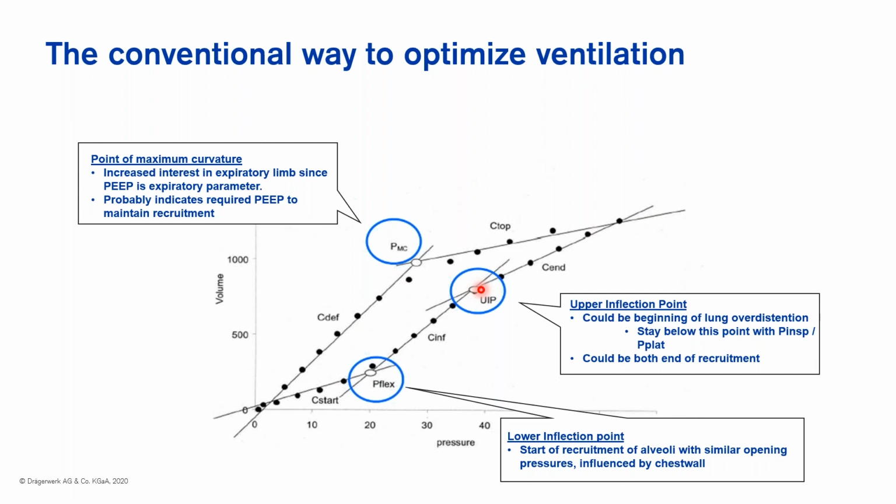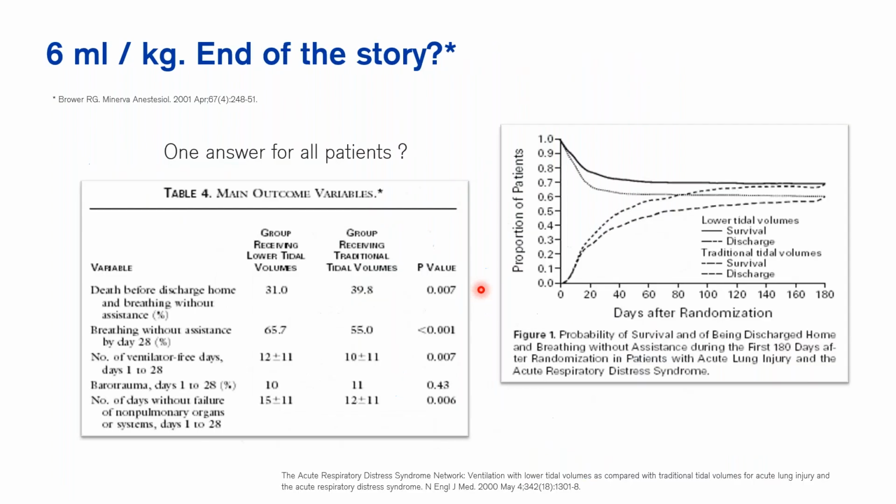And we also have to remember that it's rather an invasive procedure, and especially in patients with very unstable lung conditions, such as patients with severe ARDS, we can only perform one low-flow PV loop maneuver in order to avoid further damage or further instability of the patient's lung.